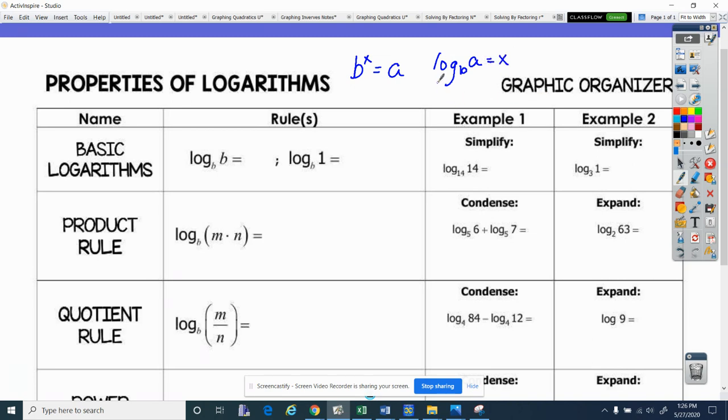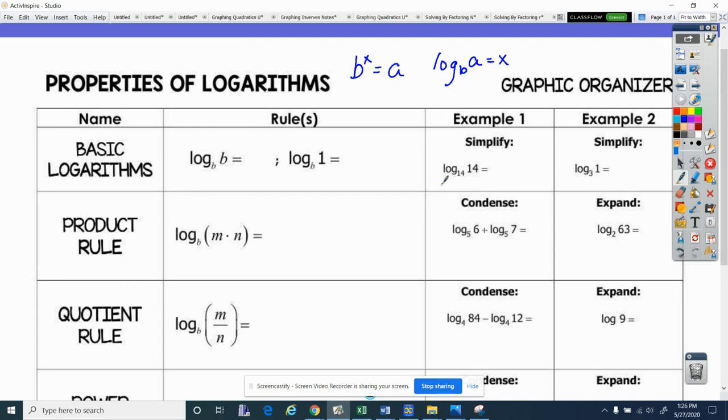Okay, so here log base b of a gives me x, and in exponential form, b to the x equals a. So we have rules here, which we didn't really talk about 100%. So what I want to do is go through the examples first with you, and then we'll go back and fill in the rule. Okay, but this first rule deals with a log base b of b.